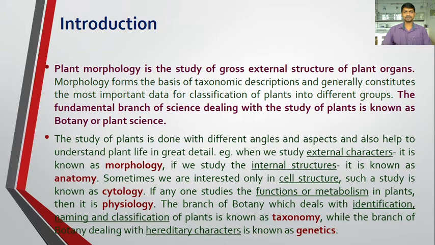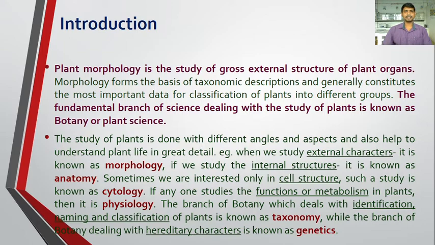So in this syllabus, the 2 broad disciplines of the botany, that is the morphology and anatomy, that we are going to study. So morphology is the study of external characters, external structures, and anatomy is the study of internal structures. Sometimes we are interested only in the cell structure. Such a study is known as cytology or cell biology.